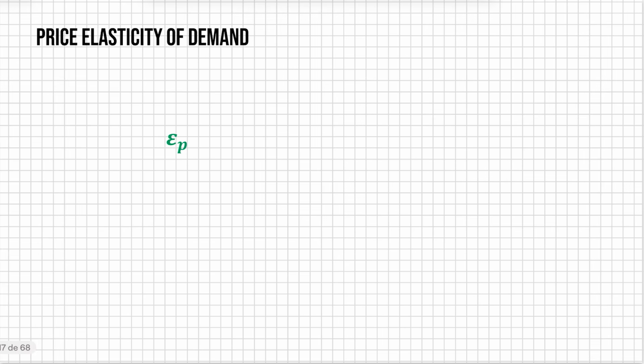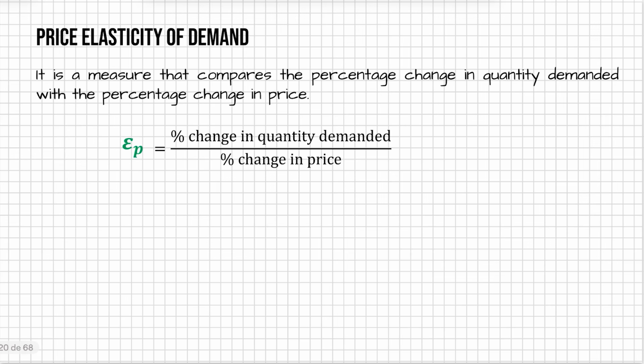The price elasticity of demand is usually represented by the Greek letter epsilon p or eta or capital E. Elasticity is a measure that compares the percentage change in quantity demanded with the percentage change in price.